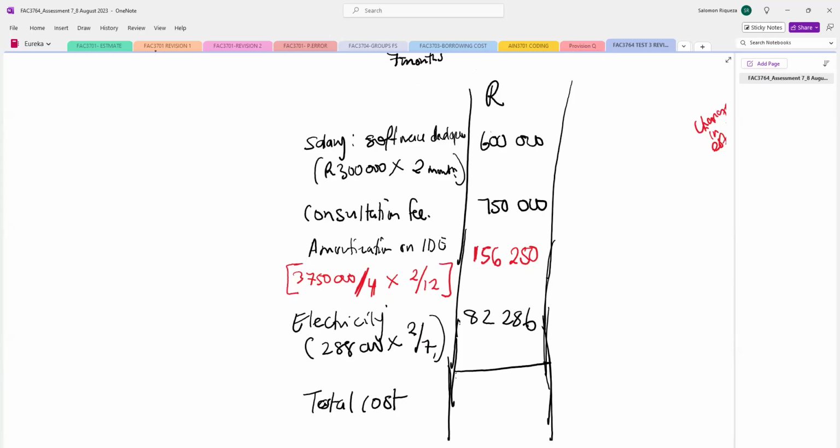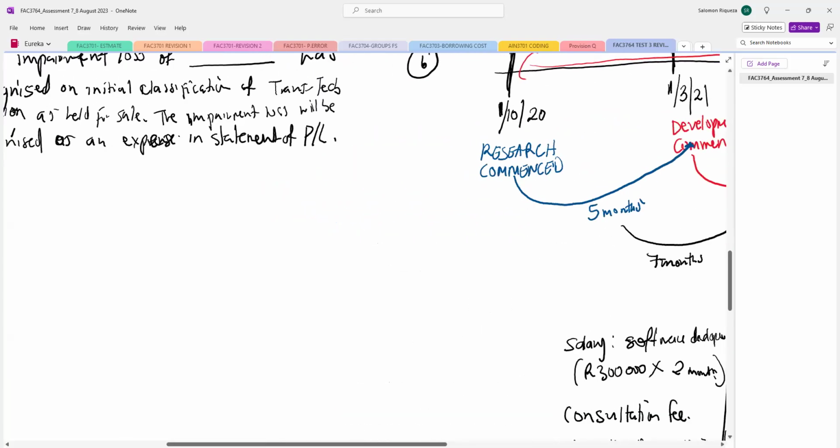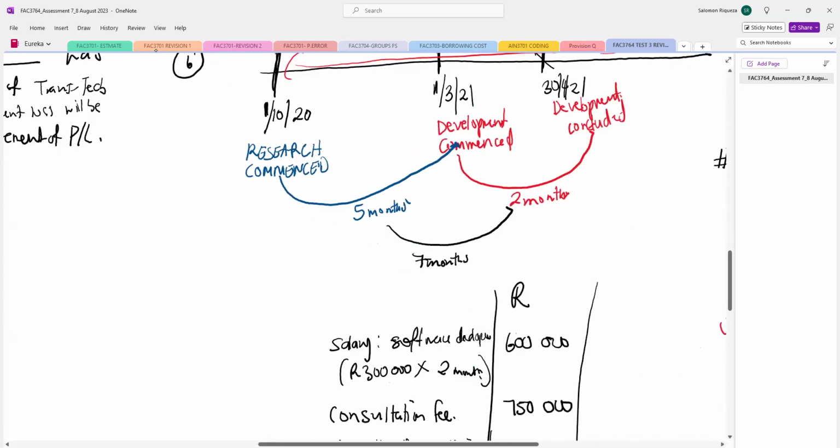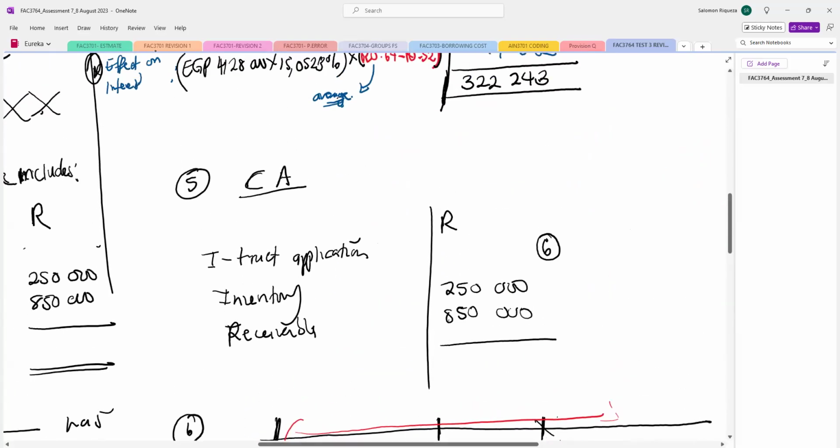Right, so I'm getting 1,588,536. Please confirm. It's correct. The reason we are calculating this is because we want to know our carrying amount. But so far, I was able to calculate my cost, so I still need to calculate my carrying amount.